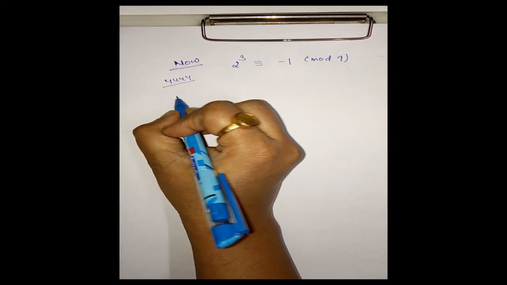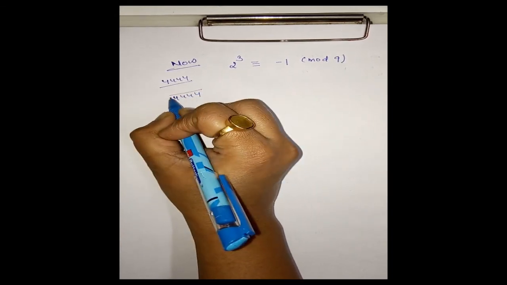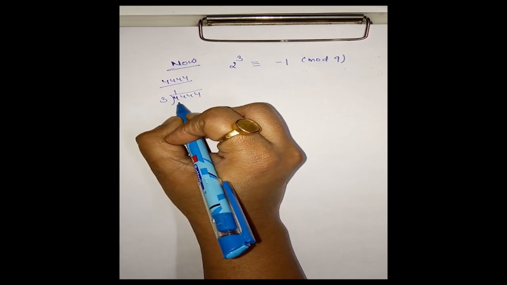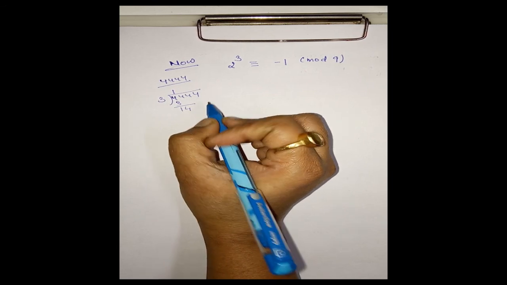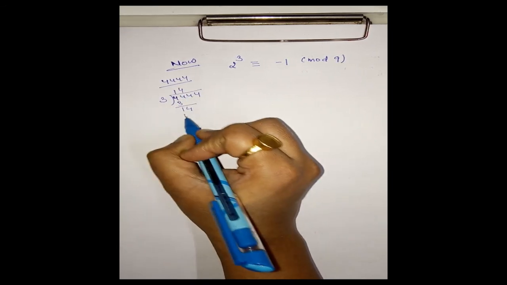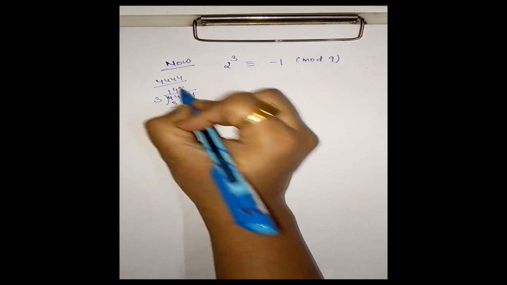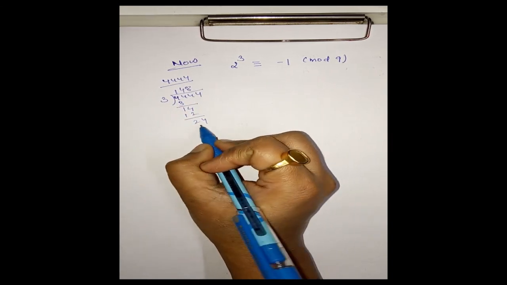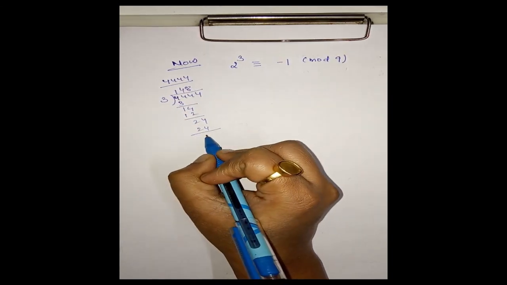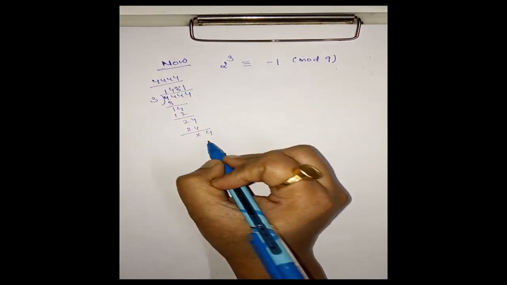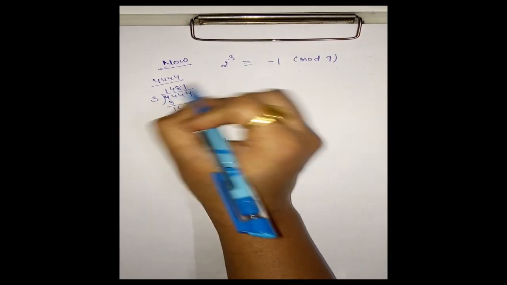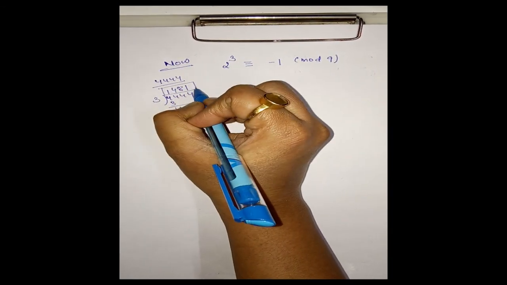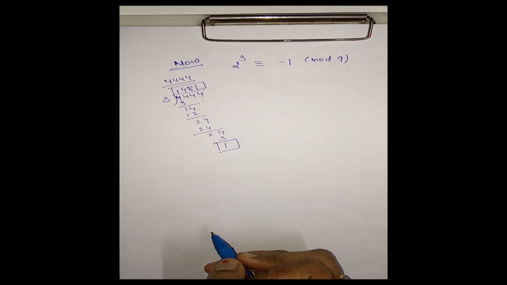Now on dividing it by 3, we get a quotient and a remainder. Now if I multiply this number by 3, we will be somewhere near 4 times 4.